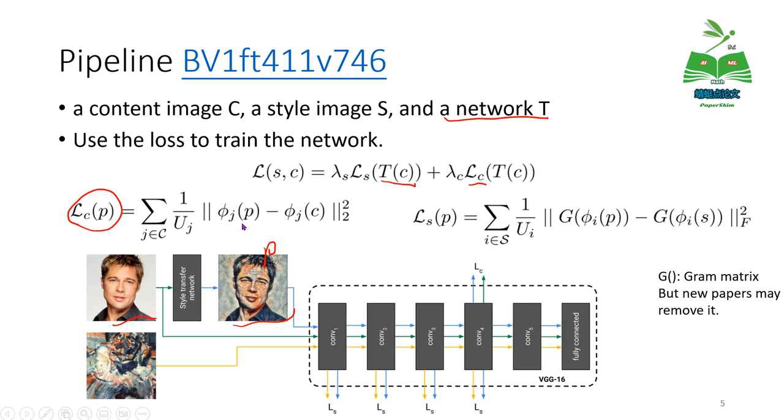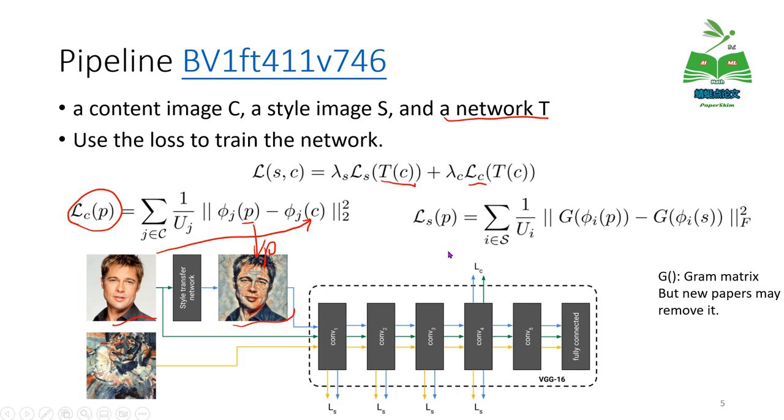They feed the generated image and the content image as input, and get the output from several layers after the activation. They take the output feature maps and measure the difference. So this is to keep the content.